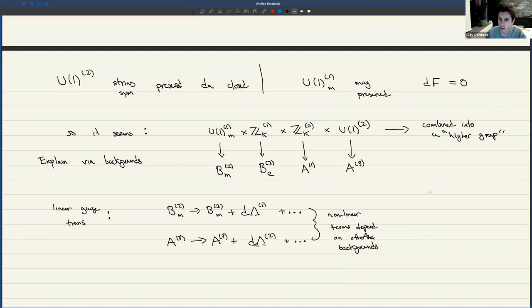Another analogy that maybe I'll say before writing the explicit formulas is that this is essentially a Green-Schwarz mechanism for global symmetry. Usually when one discusses the Green-Schwarz mechanism, you have some form field, usually a 2-form field, but sometimes a higher form field if you're in even higher dimensions.